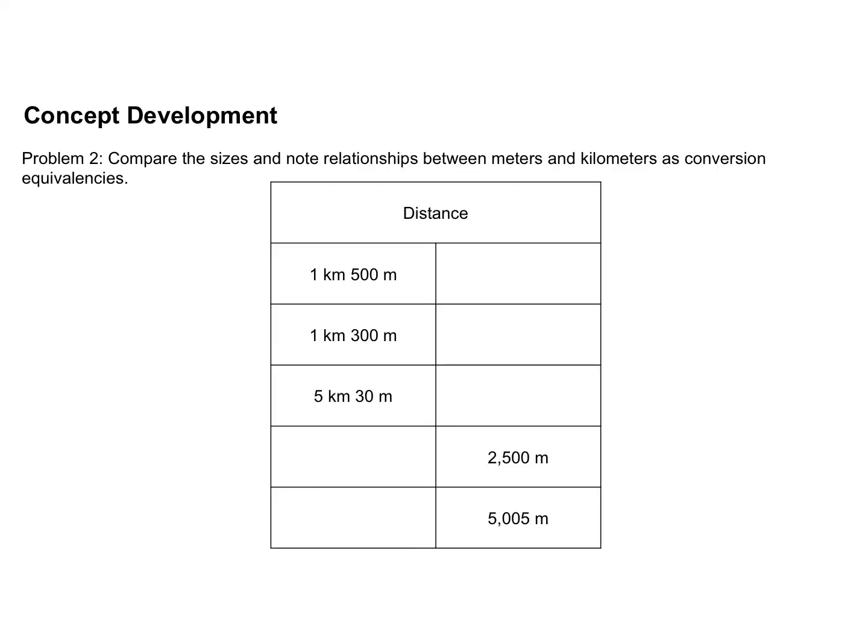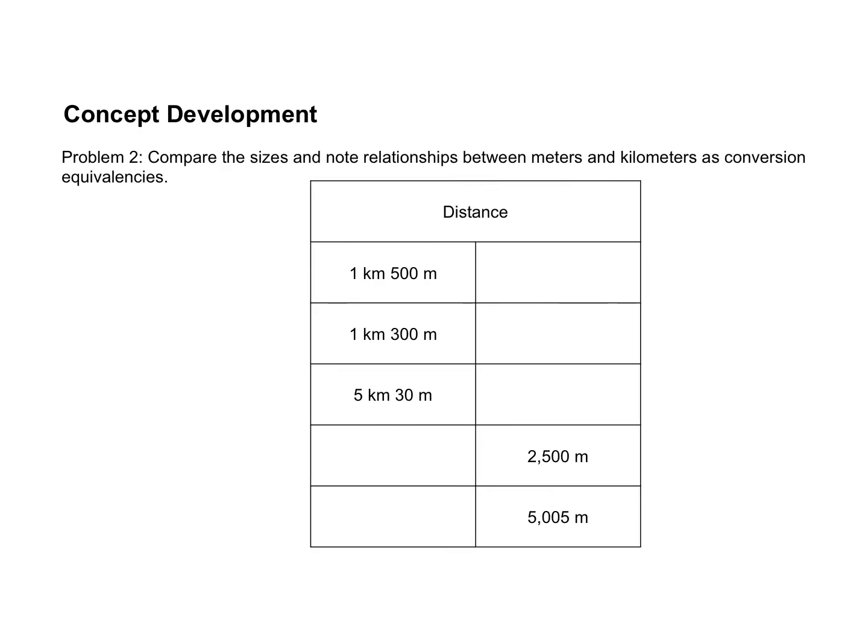Let's look at the next one here. So our second problem, we're going to compare some relationships, and we're going to make some conversions here. We're going to compare the sizes and note relationships between meters and kilometers as conversion equivalencies. So if we wanted to turn our 1 kilometer, 500 meters into just straight meters, what would we need to do?